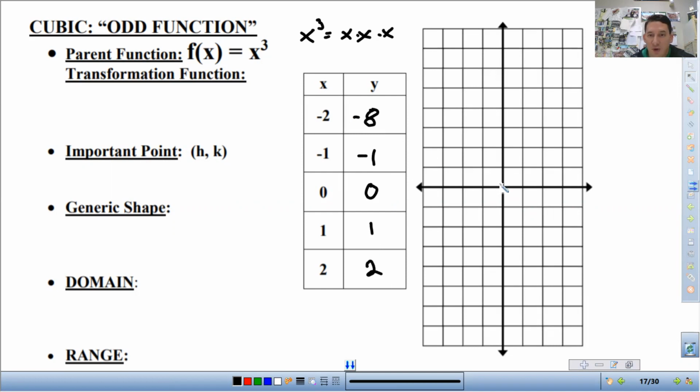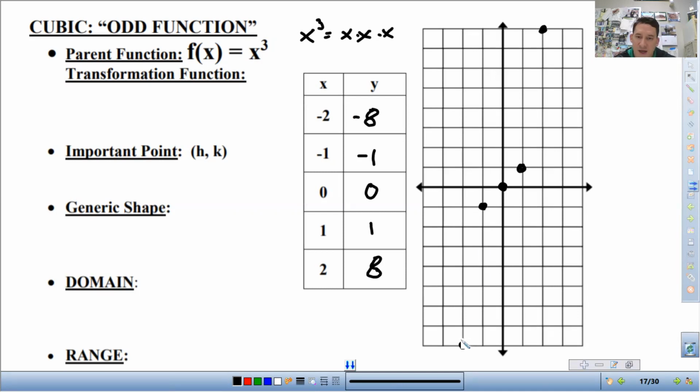All right, we'll plot these points. -2, -8. So that's to the left 2, down 1, 2, 3, 4, 5, 6, 7, 8, all the way at the bottom. -1, -1 is left 1, down 1. 0, 0. 1, 1 is right 1, up 1. 2, 8 is right 2, up 8.